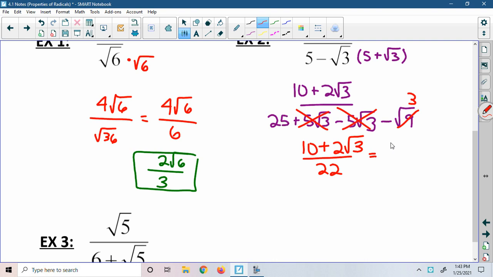So what's really going on is if we factor out a 2 from the top, that would be 5 plus the square root of 3. And we can factor a 2 out of the bottom, it would be 2 times 11. We can cancel those 2's out. So our final answer would be 5 plus the square root of 3 all over 11.